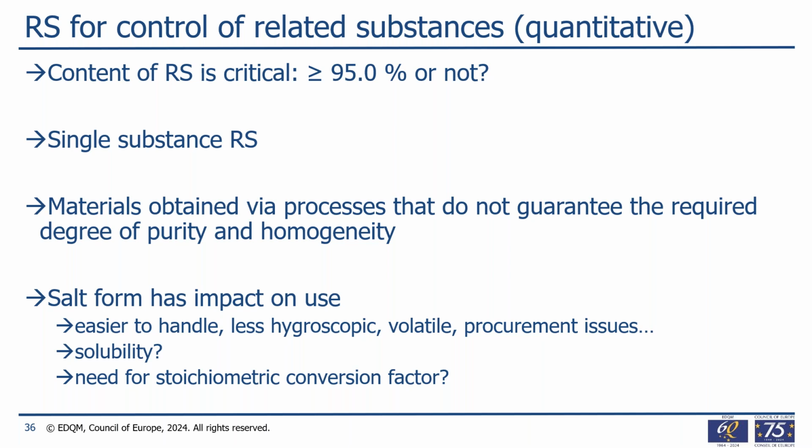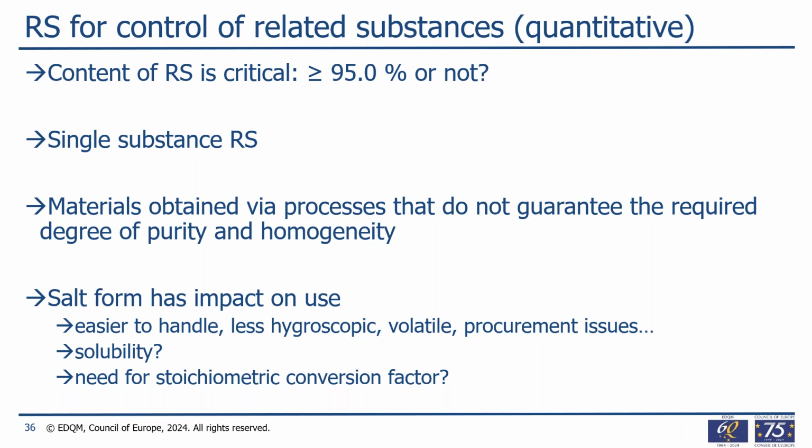And the main problem here is that we often use materials that are obtained via processes that do not guarantee the required degree of purity and homogeneity, because as you can imagine, it's quite easy to buy the APIs. Buying the impurities is not always straightforward. And then finally, we need to think about which salt form we want to use, because it might have an impact on the use.